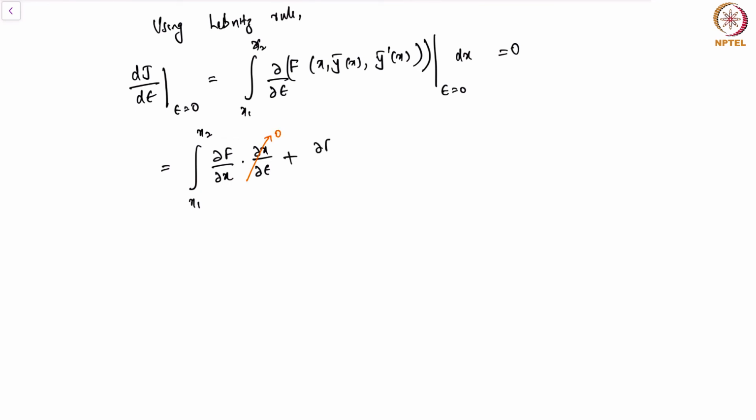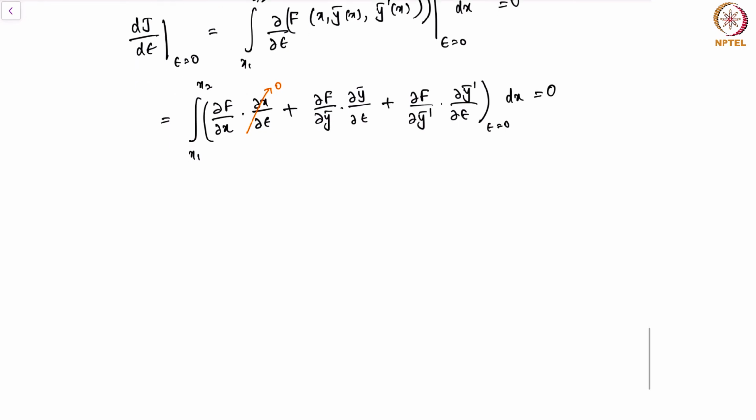Then we have partial f by partial y times partial y by partial epsilon. So I made a small error here. This should be y bar. And finally we have partial f by partial y bar prime and partial y bar prime by partial epsilon. This has to be evaluated at epsilon equal to 0, dx.